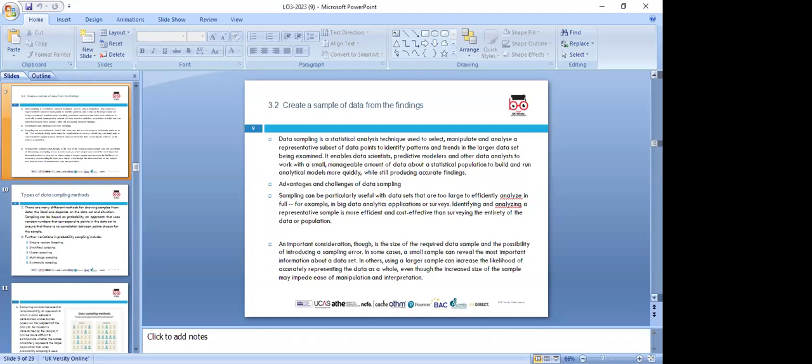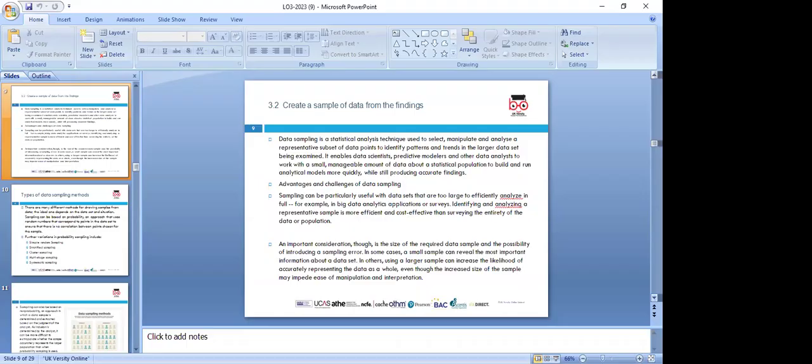Data sampling is an analysis technique used to select, manipulate, and analyze a representative subset of data points to identify patterns and trends in the larger data set being examined. It enables data scientists, predictive modelers, and other data analysts to work with a small, manageable amount of data about a statistical population to build and run analytical models more quickly while still producing accurate findings.